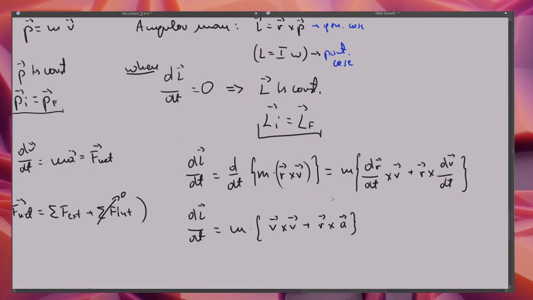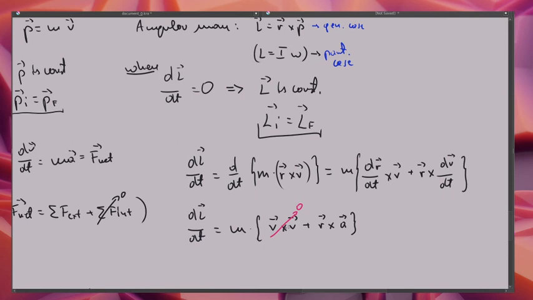Now v cross v, any vector crossed with itself gives you 0. If for no other reason, the angle between the two is 0, so the magnitude would be v times the sine of 0, which gives you 0.